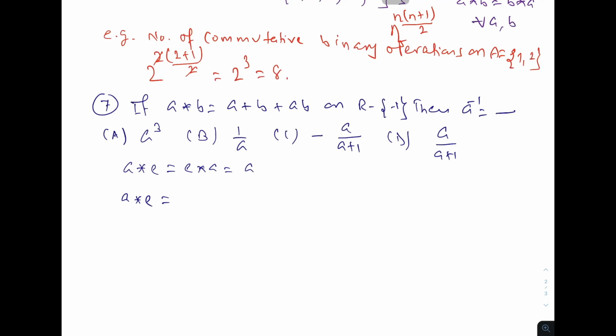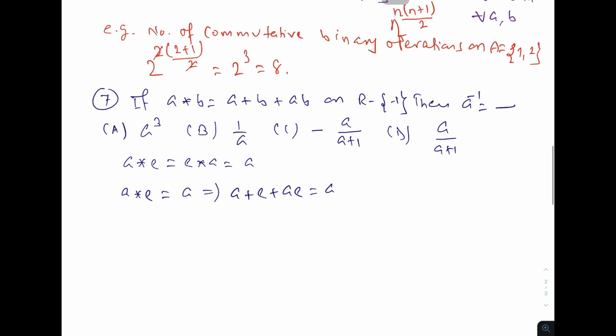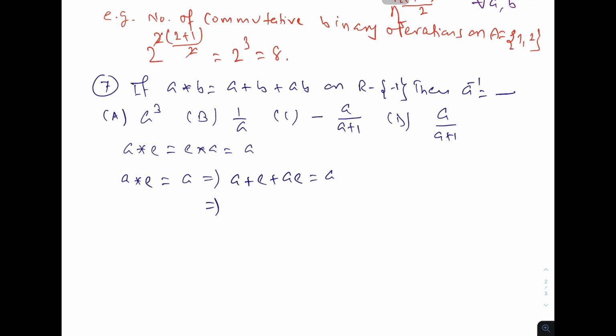So A star E equal to A will imply, now A star B equal to A plus B plus AB, so A star E equal to A plus E plus AE, and that is equal to A, and this would imply, so this A cancels, E into 1 plus A equal to 0, and that implies E equal to 0.